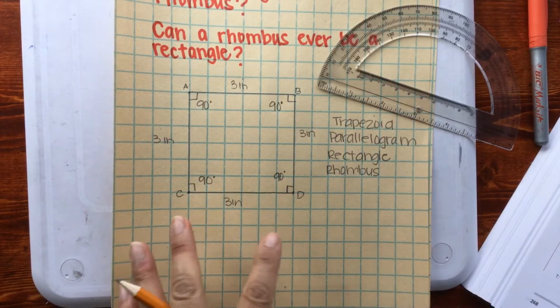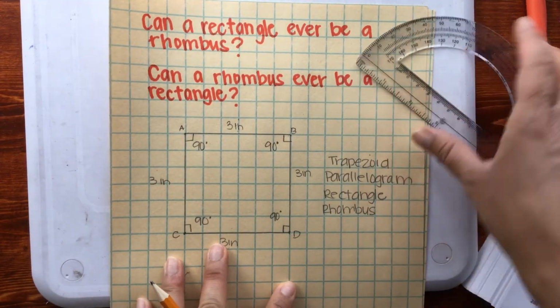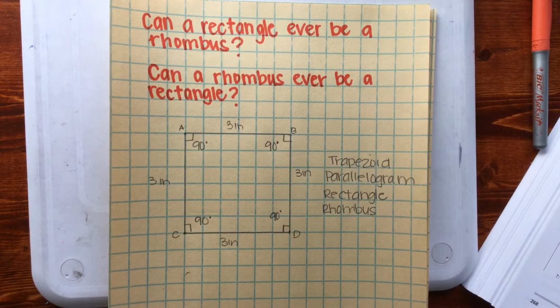So if we return back to our questions up at the top, can a rectangle ever be a rhombus? Yes, a square is a rhombus and a rectangle at the same time.